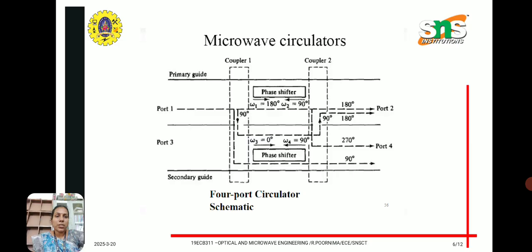Similarly, the other wave going through the couplers gets a 90 degree phase shift in coupler 1 and also 90 degrees in coupler 2, so it arrives with 180 degree phase shift at port 2. These two waves are added at port 2, so we get the unidirectional flow from port 1 to port 2. At the remaining port, the wave is cancelled, so it is the isolated port.